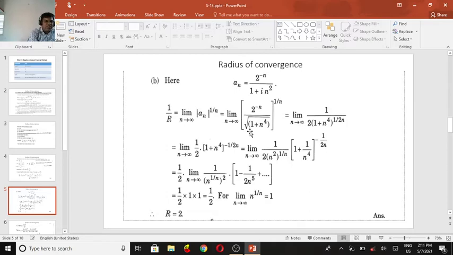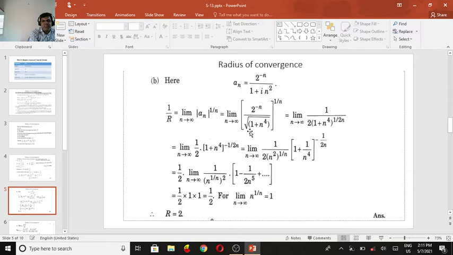Now again, this is equal to 1 by 2 times the limit as n tends to infinity of 1 by n to the power of 1 by n, whole squared, of 1 into minus 1 by 2 n to the 5, etc., by using the binomial expansion of (x plus a) to the power n.